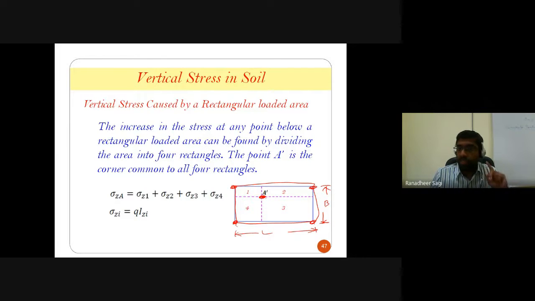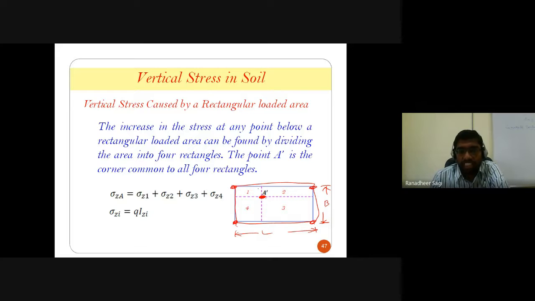But what you should ensure is that the particular point about which you want to calculate the vertical stress, corresponding to a depth of z equal to so and so, becomes the corner of all those rectangles into which the total area is divided.